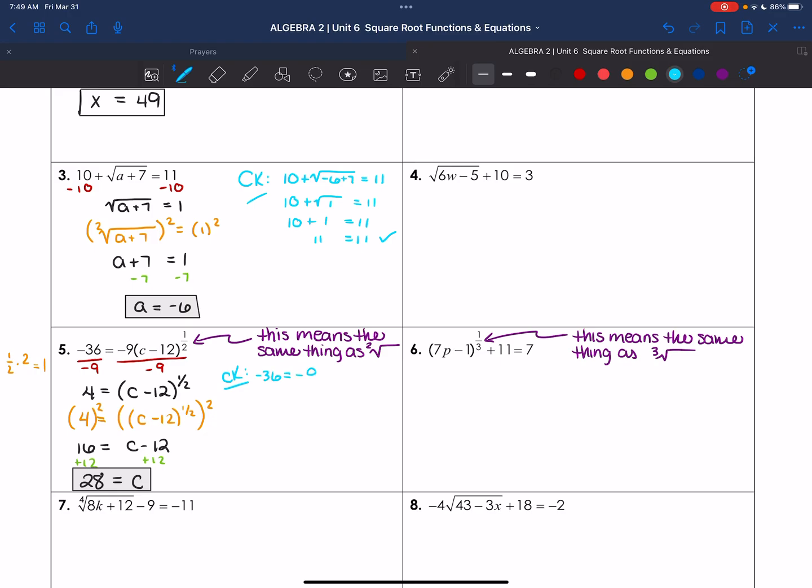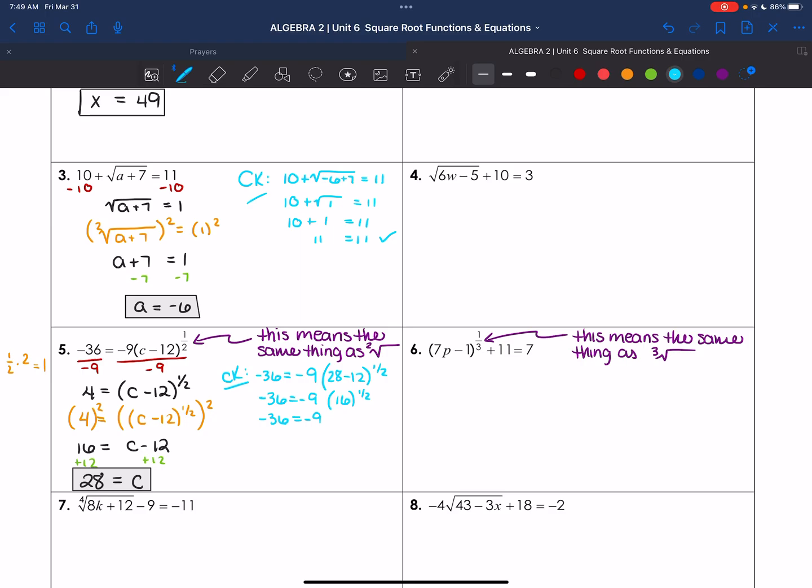So I'm going to plug that in right here, and let's begin to simplify. Inside, 28 minus the 12 is 16, and that's raised to the 1/2 power. Now, raising it to the 1/2 power is the same thing as taking the square root.